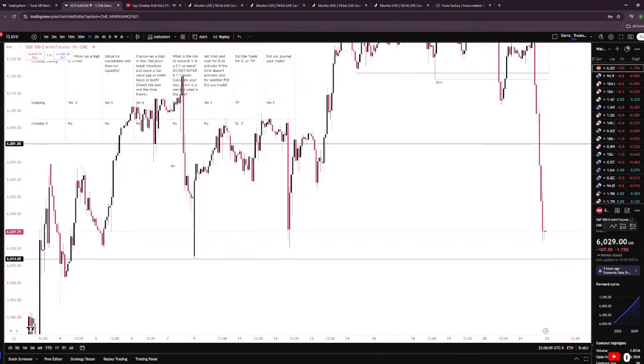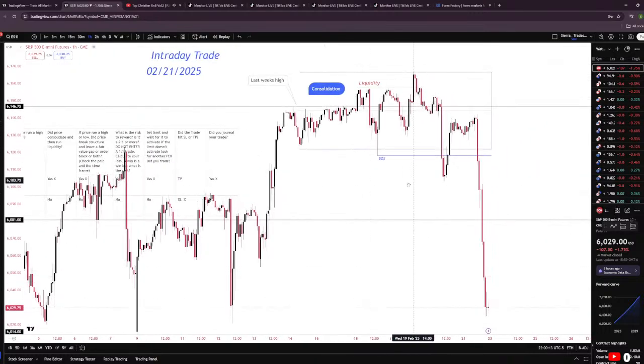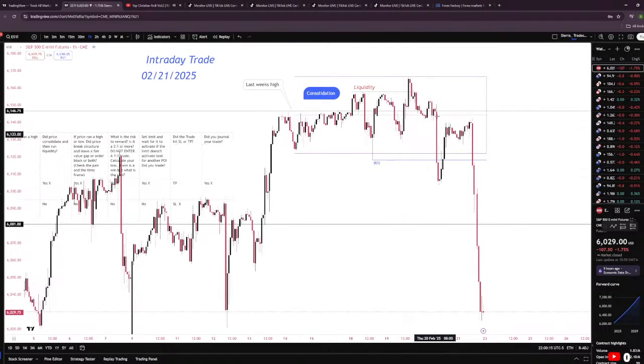A fair value gap is anytime you see like a hole, a gap in the market. So if we look at all the other candles, you'll see that the candle before it traded back into it, which left these wicks because price traded back into it.